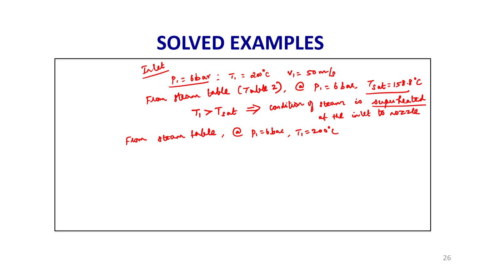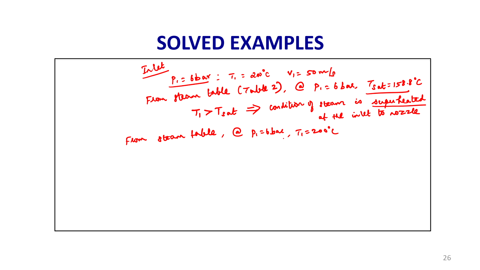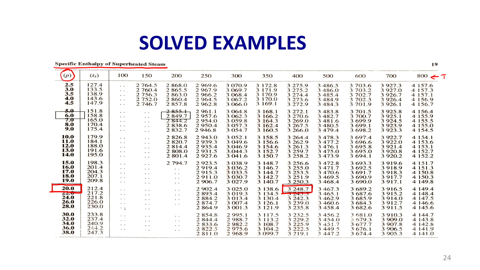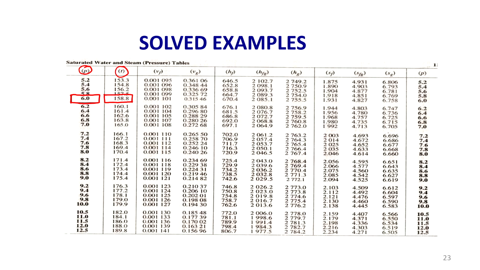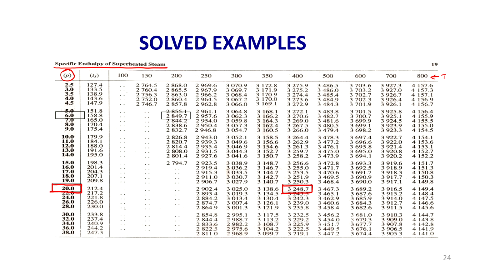The saturated condition is to be taken only for checking whether the steam is superheated or not. If it is not superheated, it will be saturated. So, for the given condition, now I am going to take the value from the steam table. This is pressure 6 bar, this is specific enthalpy of superheated steam.